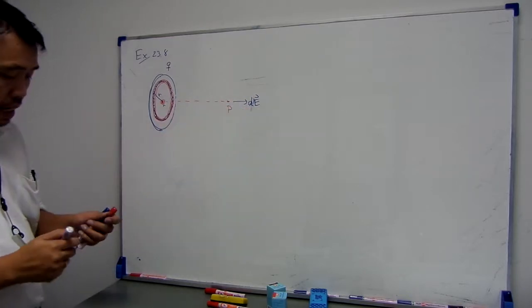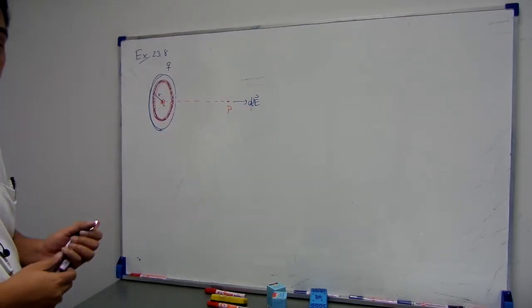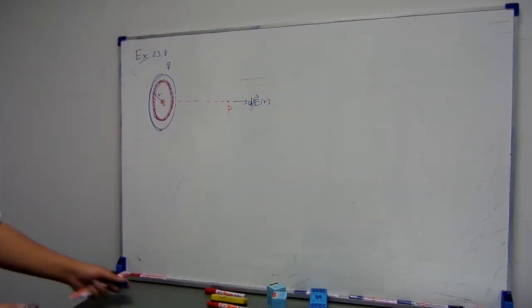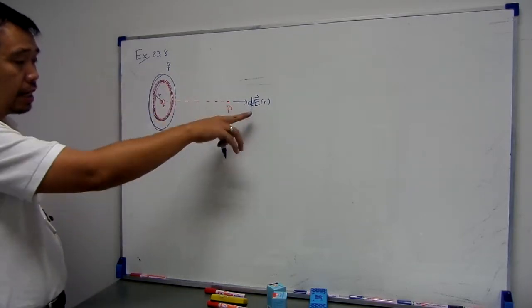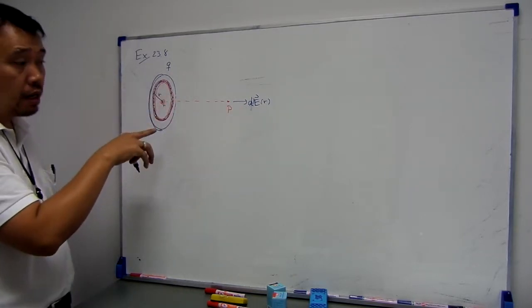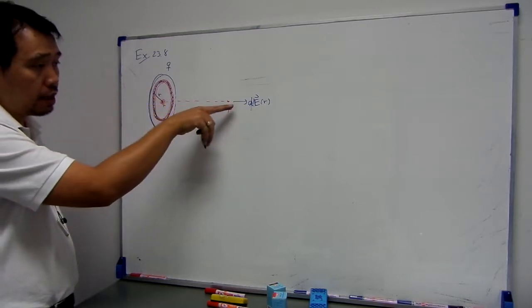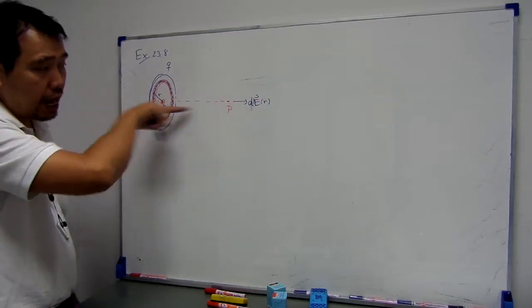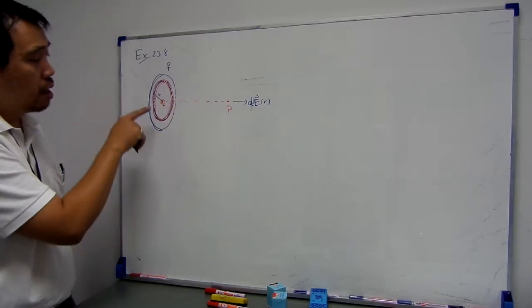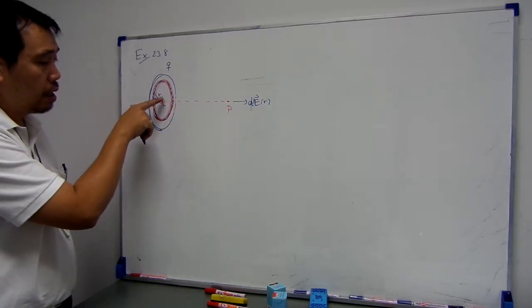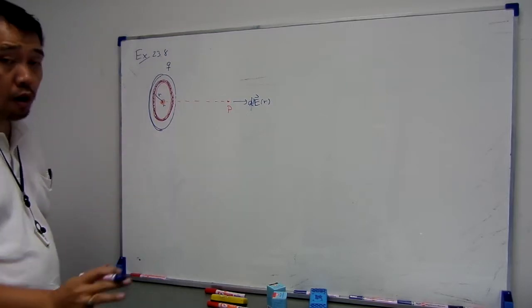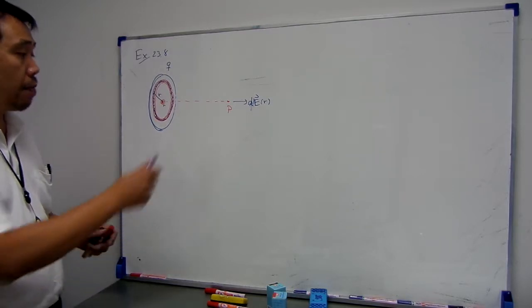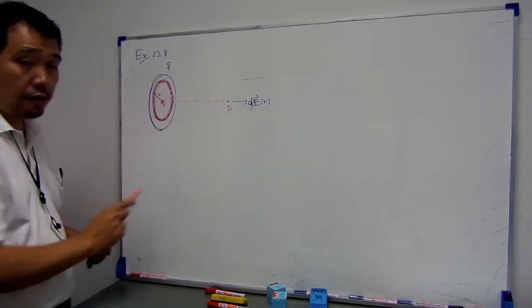So the value of dE here is a function of R. What we have to do is sum up the electric field from each ring. We know that for each ring, the direction of dE is the same. It will point along the axis of the disk, so we don't have to worry about the direction of dE. We just sum up the magnitude of the dE of each ring, and we will get the solution.